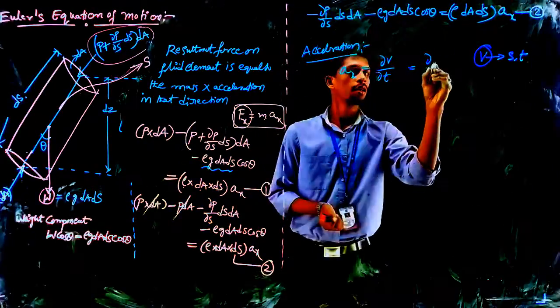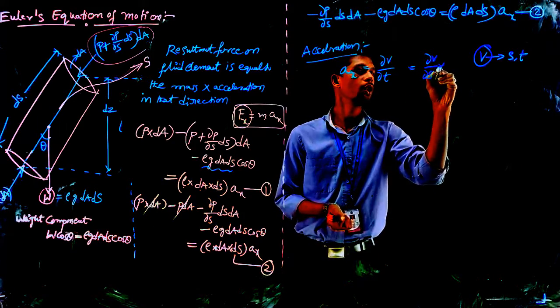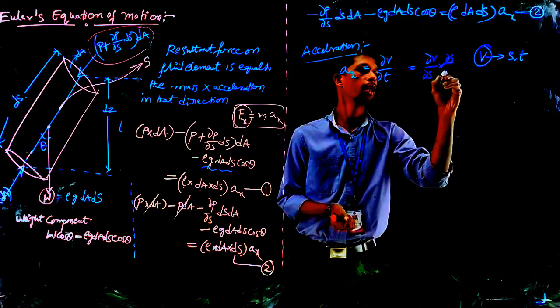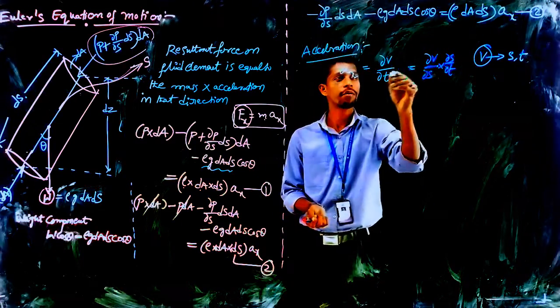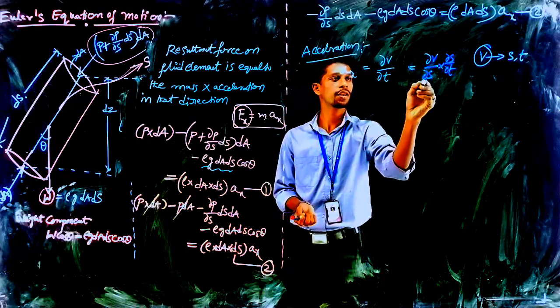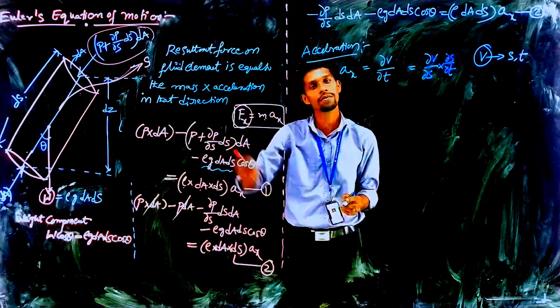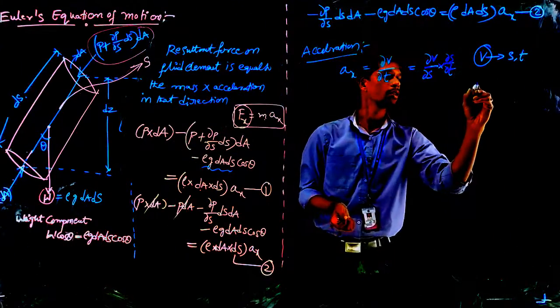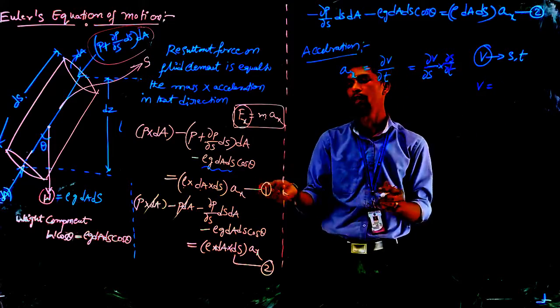So I am dividing and multiplying this function with dou s, that means with the length ds of the particular fluid element. Now velocity is equal to displacement by time, or distance by time, right?